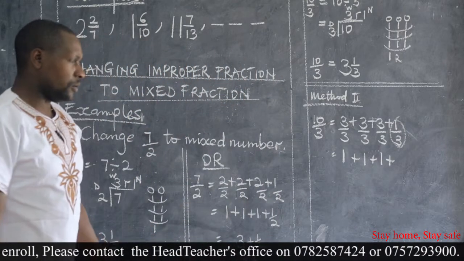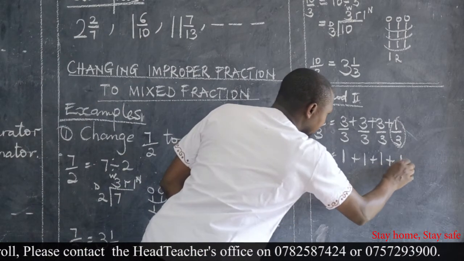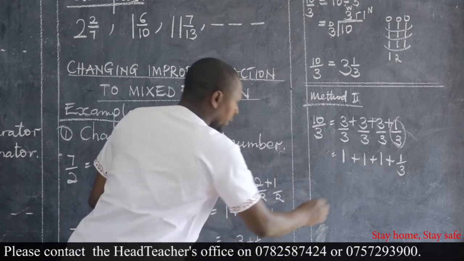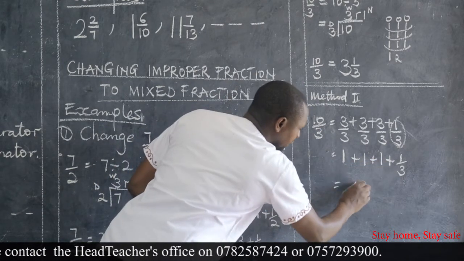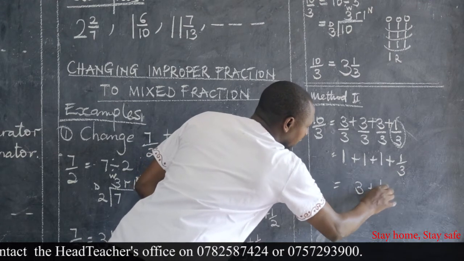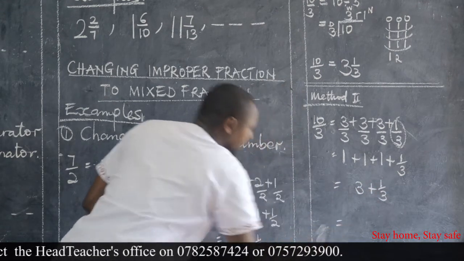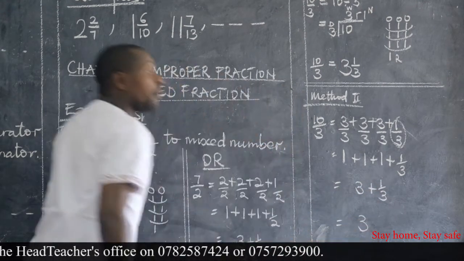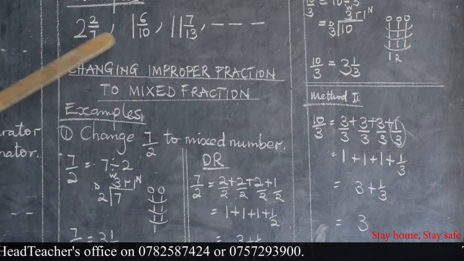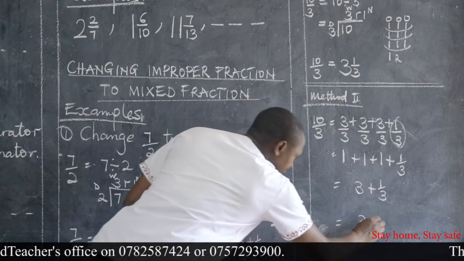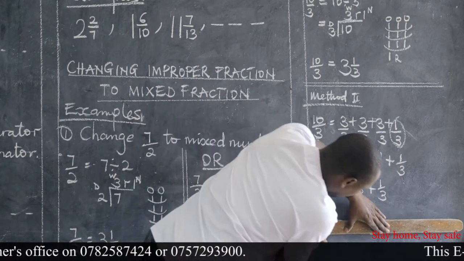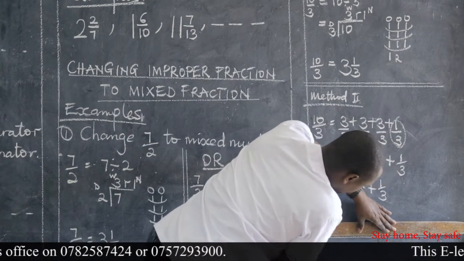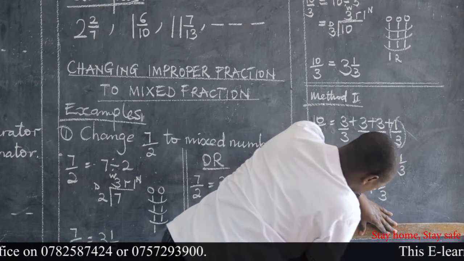Somebody saying no, you have to bring it back the way it is. Therefore, we shall add 1 plus 1 plus 1, and we shall have 3 plus a third. Finally, we shall get 3 as our whole number, as I mentioned this way. And our proper fraction in this case is a third. Yes, underline as usual to make your work smarter.